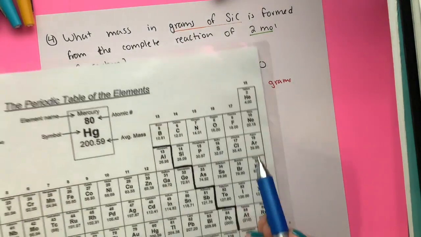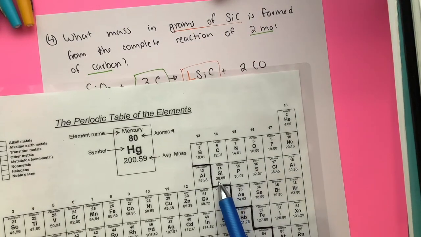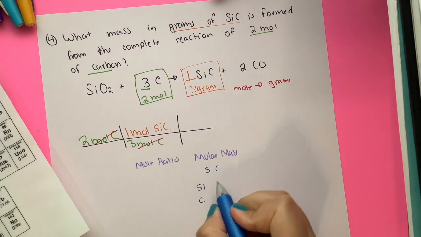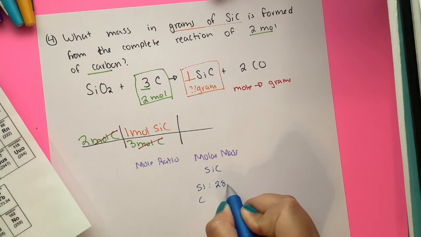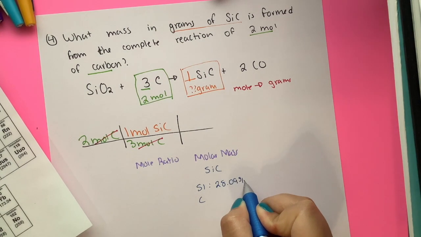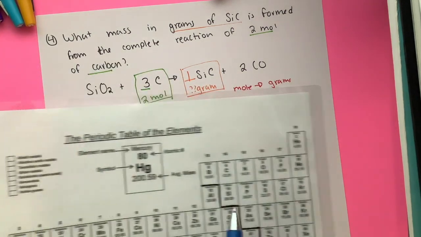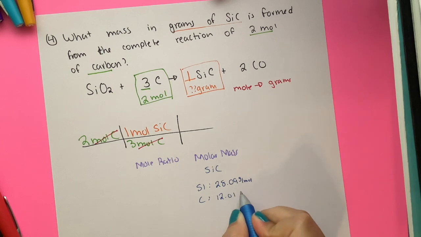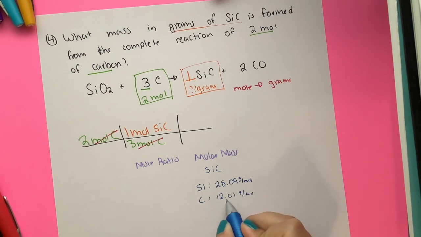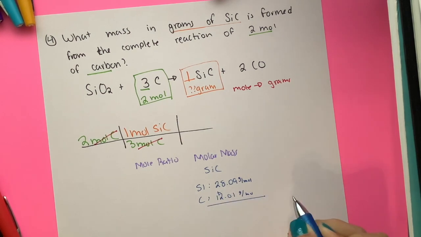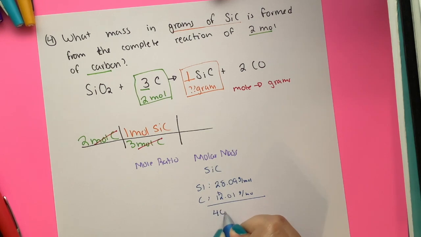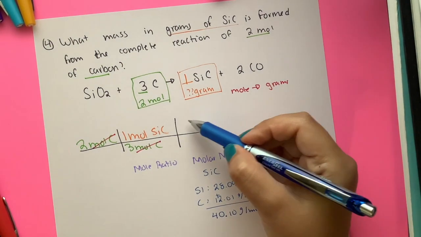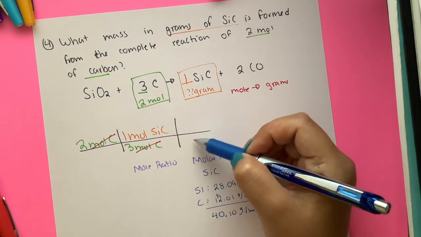Silicon is 28.09 grams per mole, and carbon has a mass of 12.01 grams per mole. I add both of these to find a total mass of 40.10 grams per mole. I'm going to put this number in the next step.